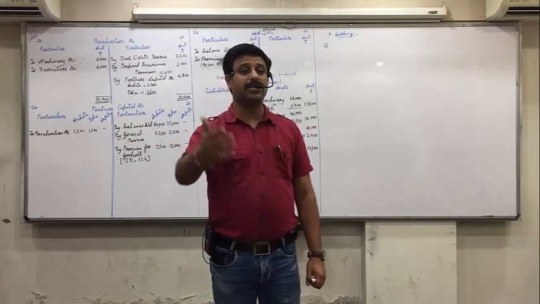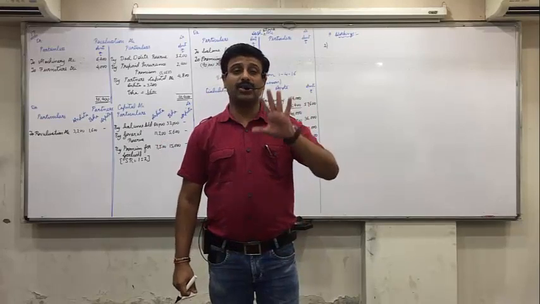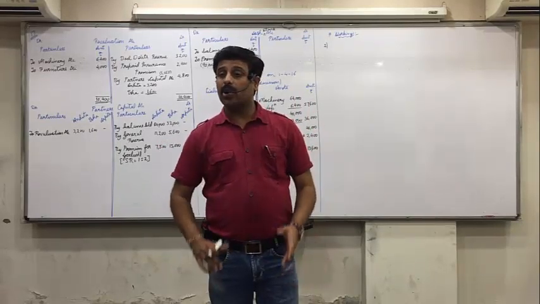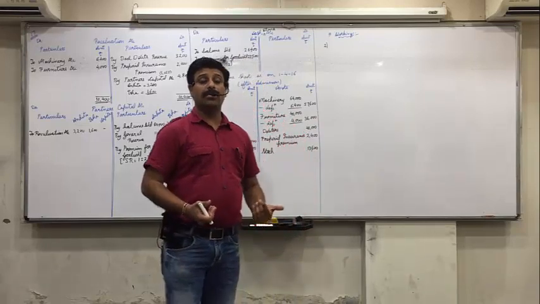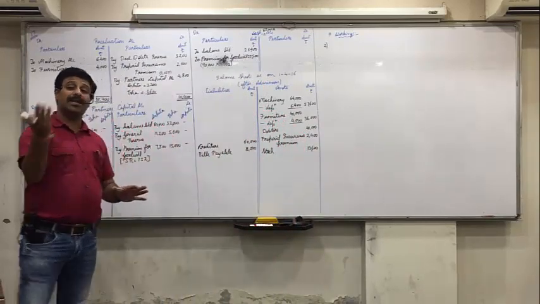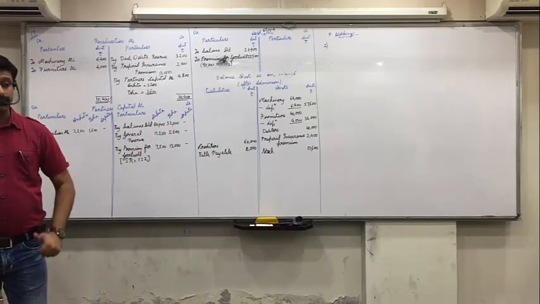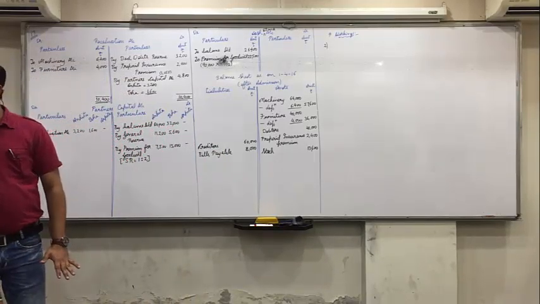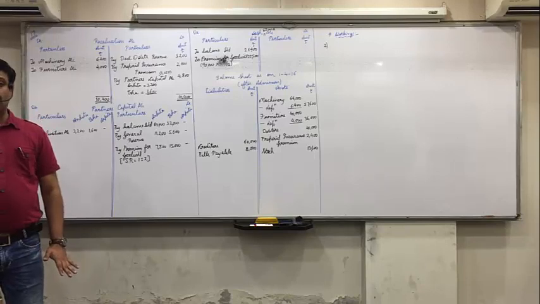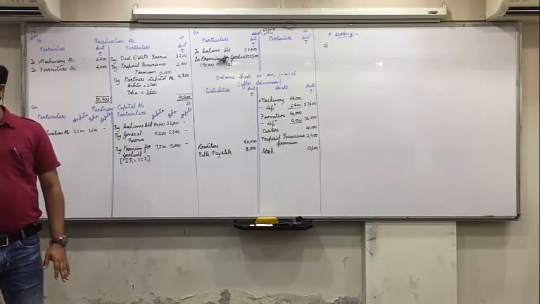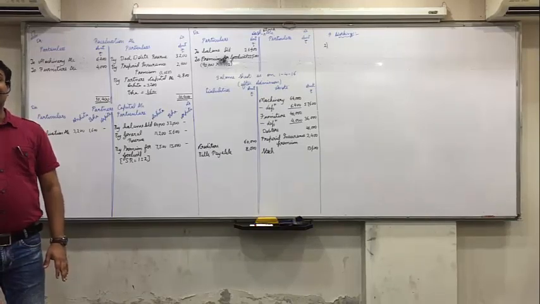She has to bring 3 by 12 of the total capital of the firm. But total capital we cannot find out because it will include Arpita's capital also, which we don't know. So we say out of the total share of the firm, Arpita's share is 3 by 12, so can I say the remaining partners' share is 9 by 12?